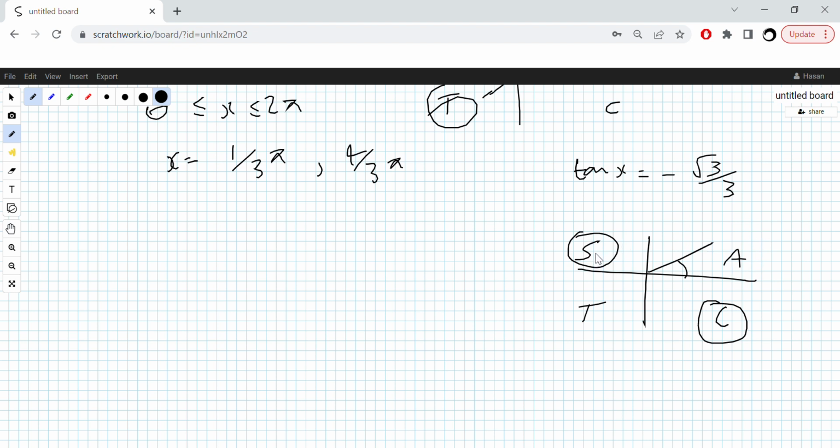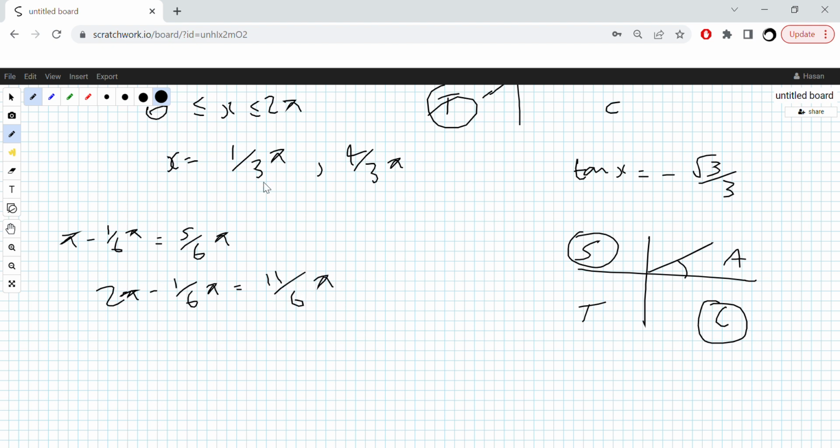We want this region. And to do that, you're going to do pi minus a sixth pi, which gives you 5 over 6 pi. And then to get this region, we're going to have to do 2 pi minus a sixth pi, which should give you 11 over 6 pi, I believe. Yep, 11 over 6 pi.